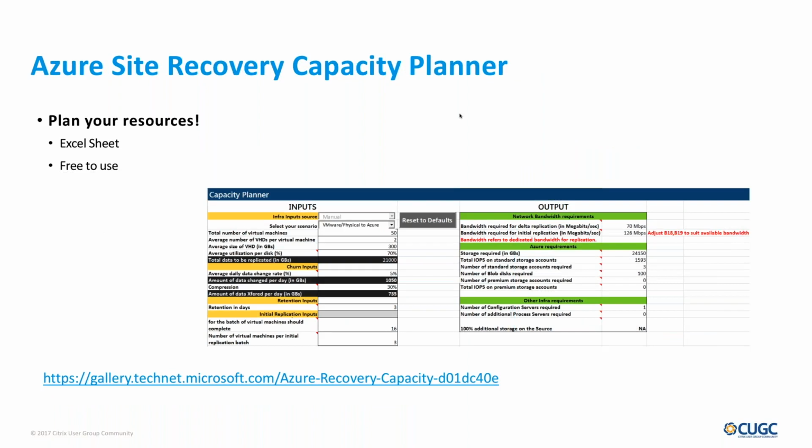Another interesting Excel sheet is the capacity planner that is provided by Microsoft officially. When you are activating Microsoft Azure Site Recovery, you have an option to download this Excel sheet, and you can enter the numbers of your on-premise environment, your total number of virtual machines, your VHDs, and the average size of your VHDs.